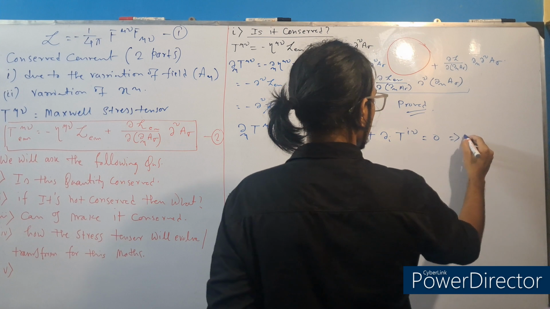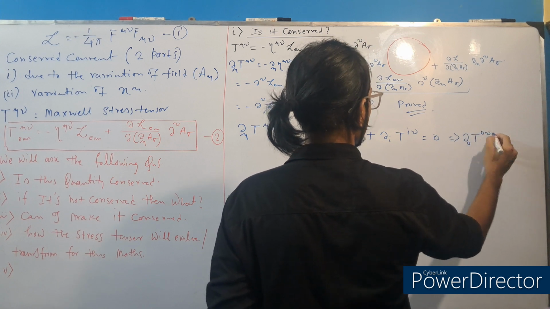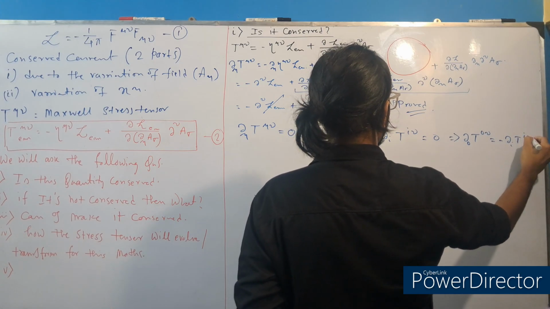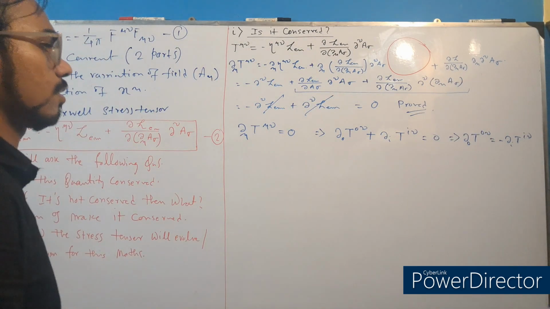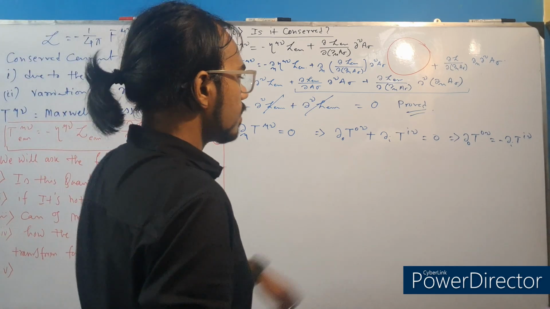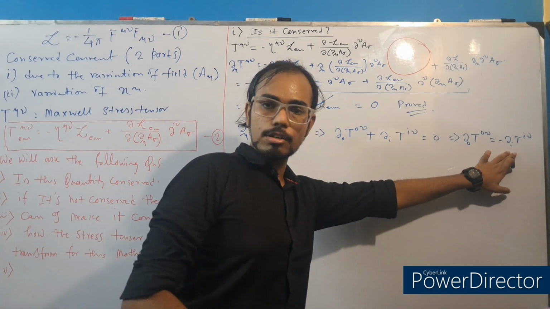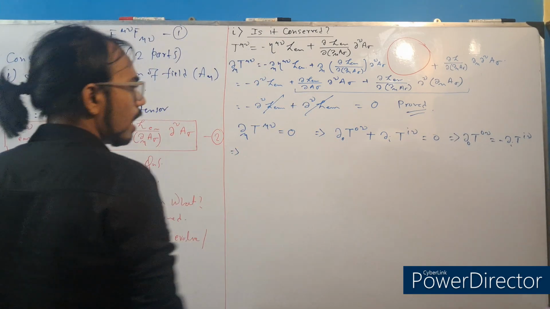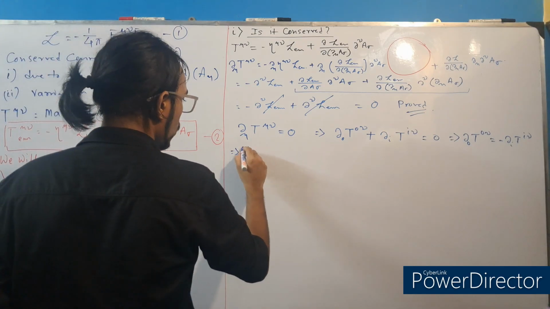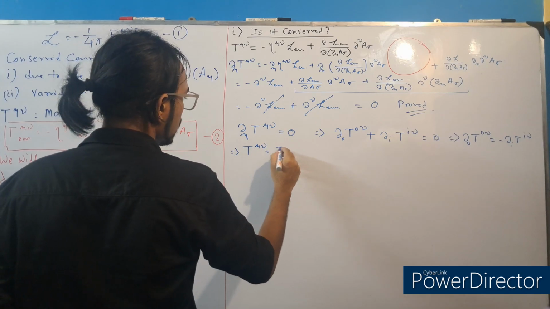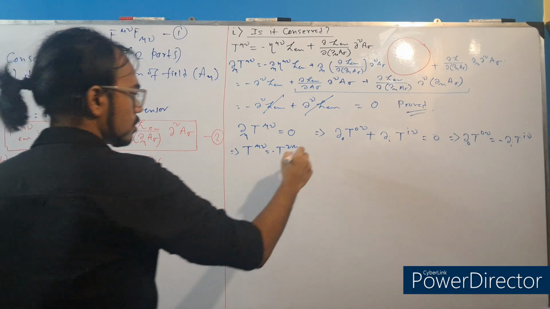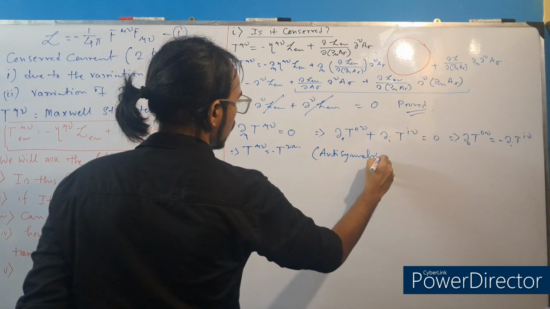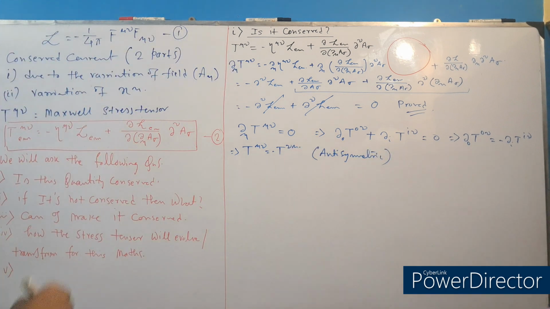This can be written as ∂_0 P^{0ν} equals minus ∂_i P^{iν}. But here we can see that these two are equal and opposite, until or unless we know that T^{μν} is basically minus T^{νμ}, that is, our Maxwell stress tensor is antisymmetric.